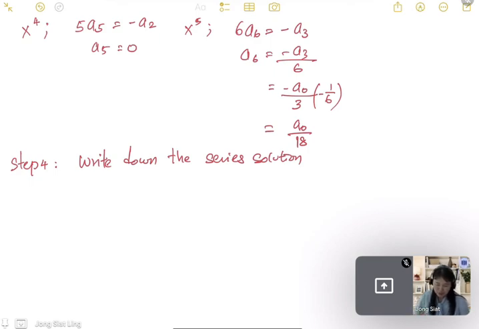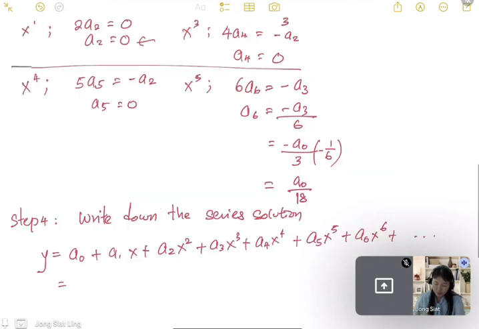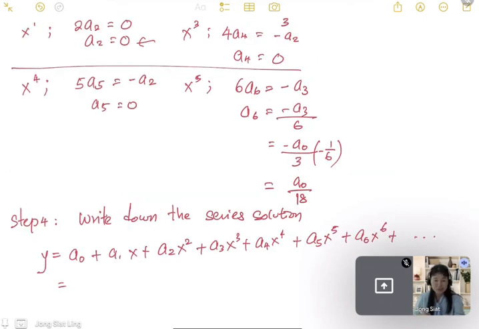So I write down y equal to a0 plus a1x plus a2x squared plus a3x cubed plus a4 x power 4 plus a5 x power of 5 plus a6 x power of 6 plus so on. Now I can substitute the values of a1, a2, a3, a4 until a6, which I found before.